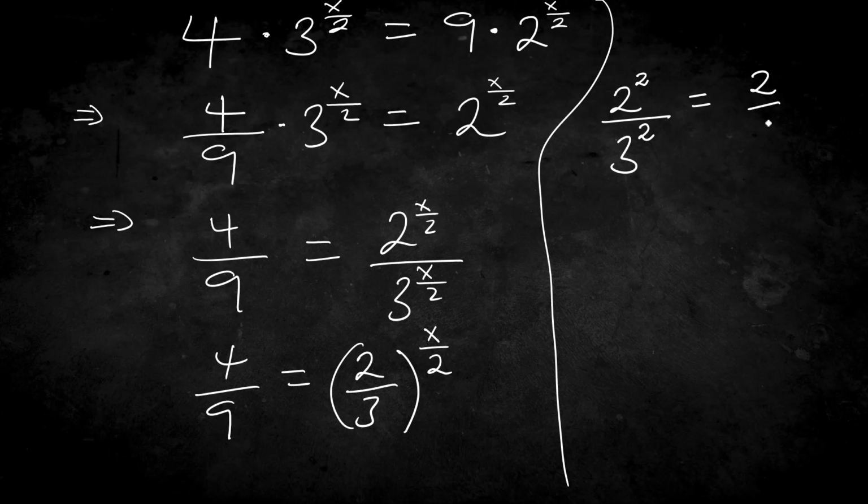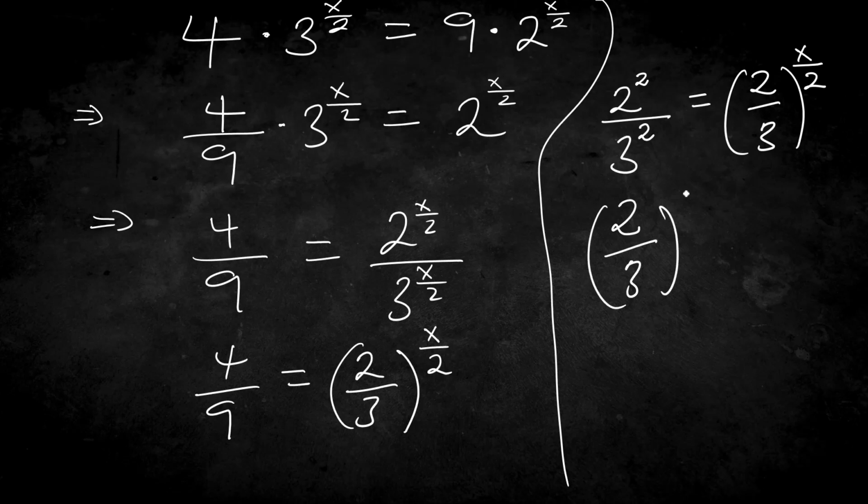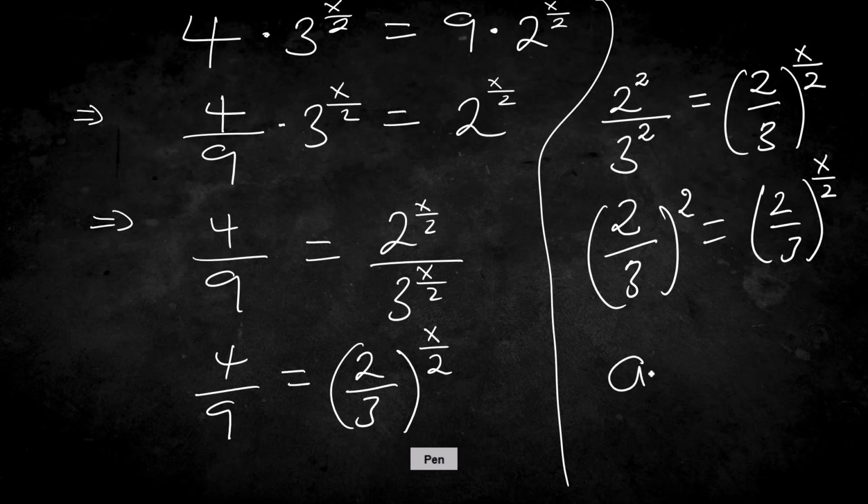So we have 2/3 all raised to 2 equals 2/3 all raised to x/2. And when we're given a^n equals a^c, now the bases are equal, so you can say n equals c.